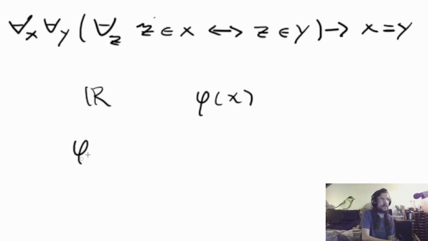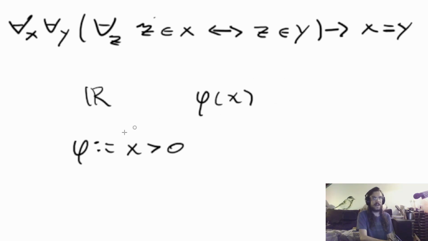Phi could be, for instance, x is larger than 0. So this is not a function, this is a phrase. A phrase is a combination of symbols that returns a true value. Sorry, a formula. Phi is a formula.